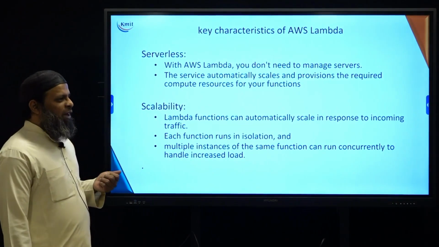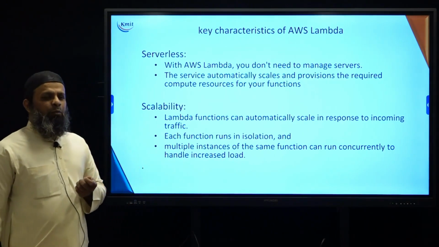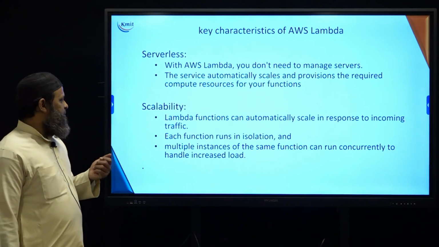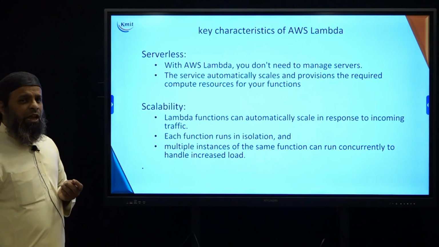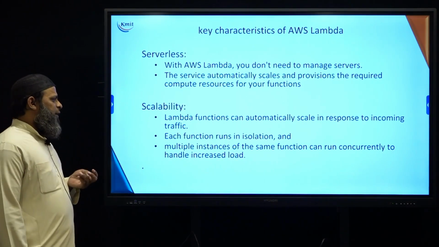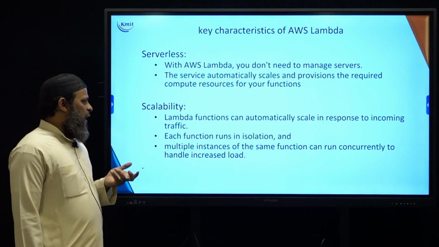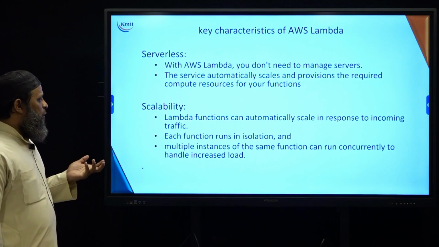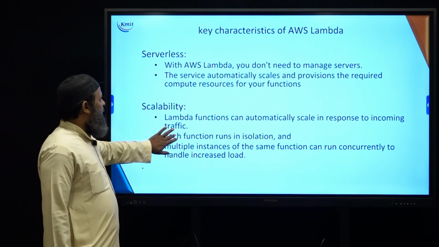So it automatically scales itself, and whatever servers are required, it provisions for itself and computes the function. Then scalability: either this function runs in isolation, or if there is high traffic, multiple instances of the same function can run concurrently to handle the increased traffic. So this function automatically scales itself to incoming traffic.